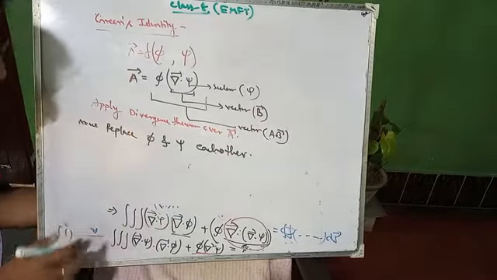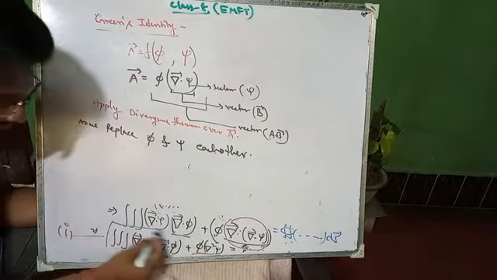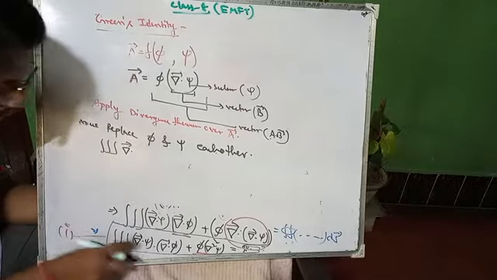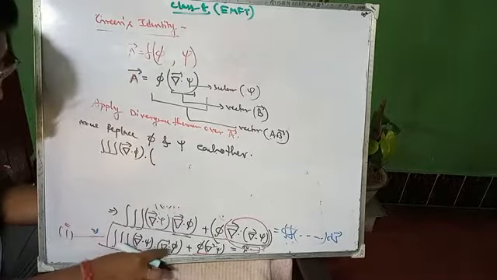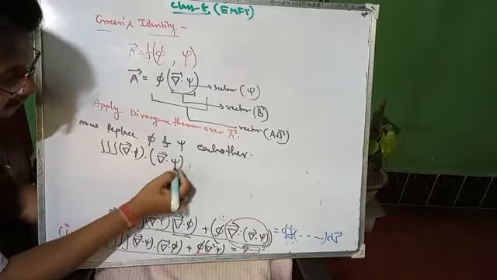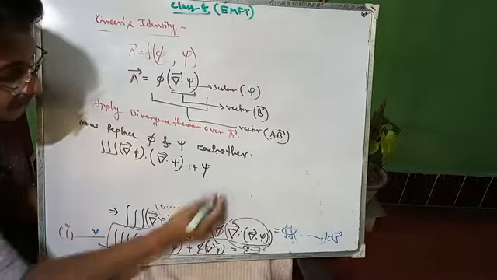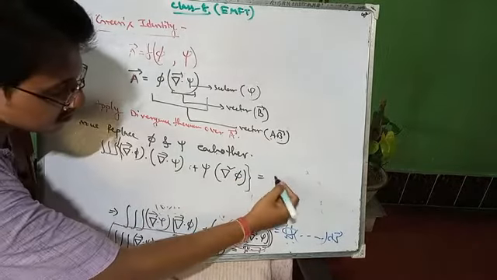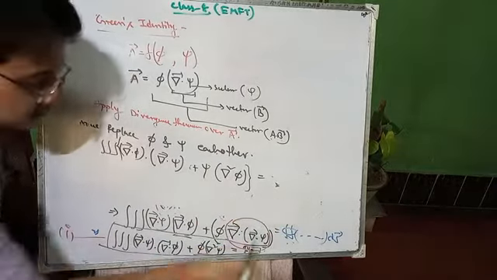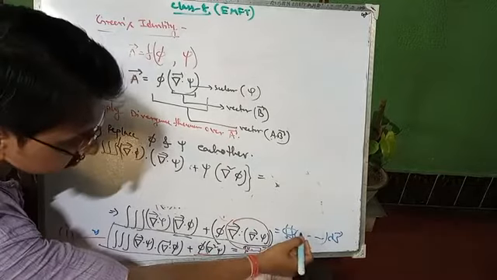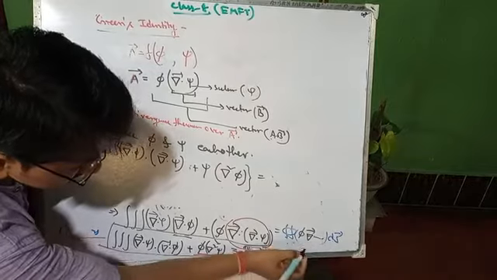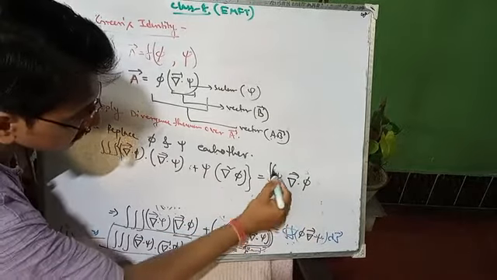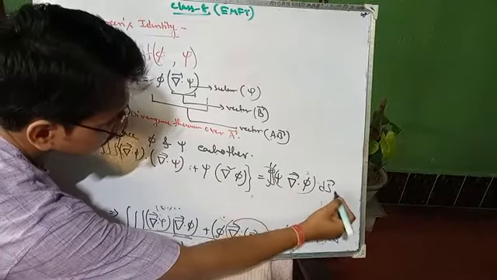Then your result from equation 1 will be: if we compute directly by swapping these two, we have the gradient of psi dot gradient of phi, plus psi Laplacian of phi, equals the closed surface integral of psi grad phi dot ds. Make it equation number 2.